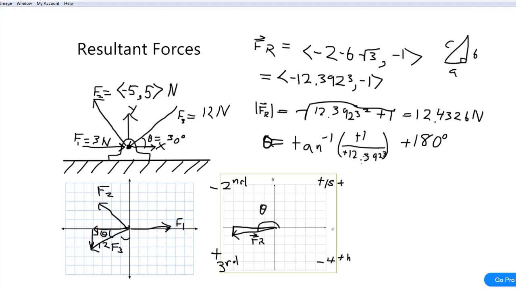The negatives cancel out. In the end, we want this angle. However, we're only given this little tiny angle, as you can see right there. We want the big angle, so we're going to have to add 180 degrees. Second and third quadrant always 180 degrees.